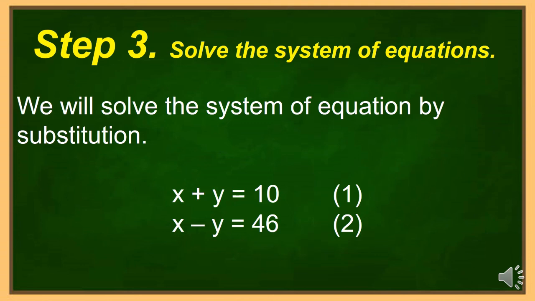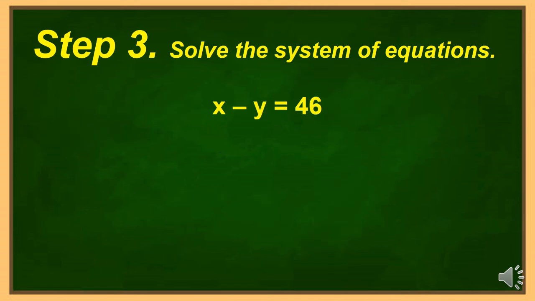But as we have observed, between the two equations, there is none, right? Therefore, we need to choose between the two to be modified so that the equation will be expressed in terms of x or in terms of y. As for me, I will choose the second equation, that is x minus y equals 46.